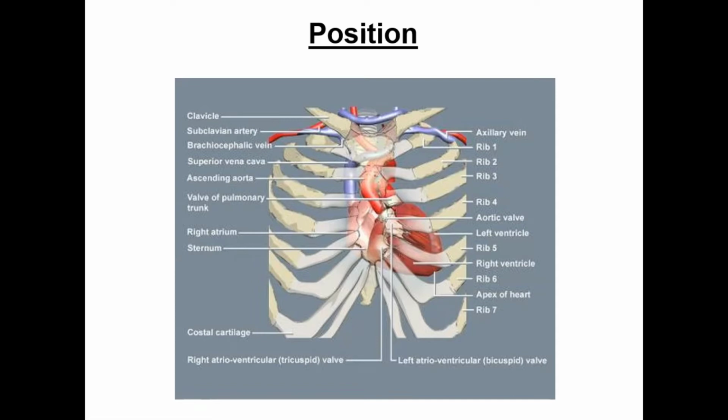In full inspiration, the apex of the heart descends more than the relatively fixed base, and the heart occupies a somewhat more vertical position. This is the area where one can hear the apex of the heart.